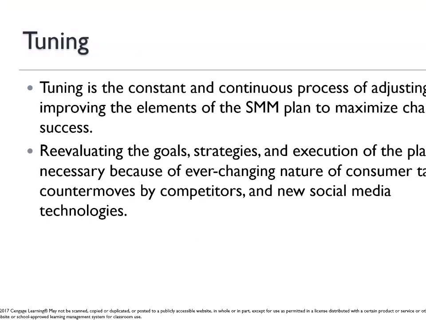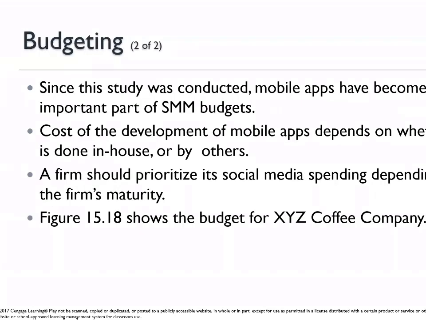And then after that, you tweak it, you tune it, you adjust what you're doing. Maybe you drop one line of messaging and add another because that seemed to create more likes or more hearts or more shares, because it was good, not because it was bad. Make sure it's good. And then finally, budgeting.